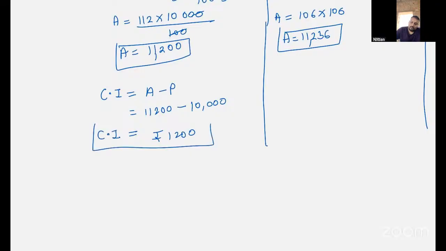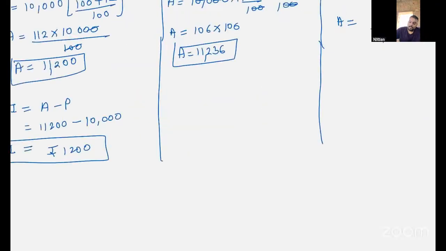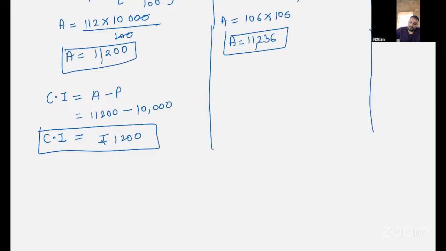Say yes or no? In this case, what compound interest will be there? 11236, sorry, 11236 minus 10,000.